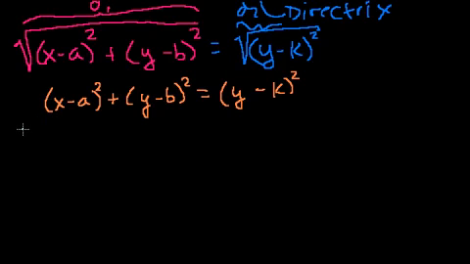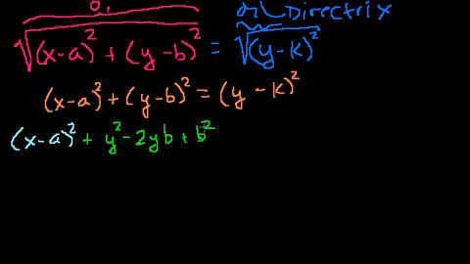So this is x minus a squared, and then let me actually expand these two binomials. So plus y squared minus 2yb plus b squared is equal to y squared minus 2yk plus k squared.